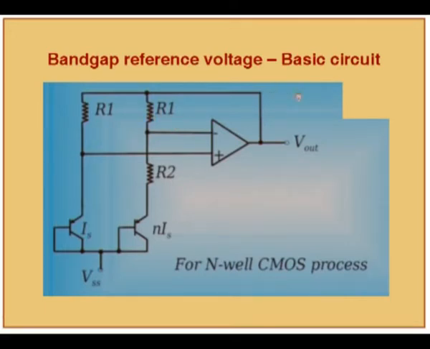So what they do, they mirror the current and then they give it to a resistor and to another transistor. What they do is that instead of making that VBE plus VT here, they make it outside. And then outside they adjust the values in such a way to get a value of Vref less than 1.2.